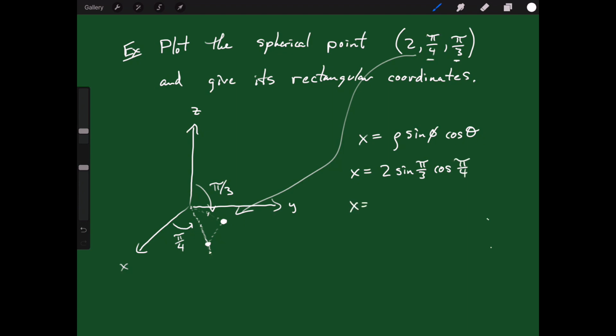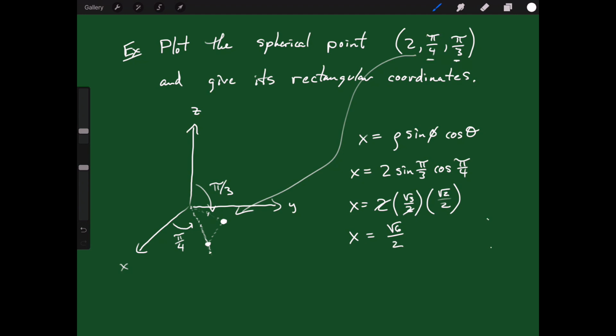So x is equal to 2 times root 3 over 2 times root 2 over 2. So some 2's cancel, and I get that x is equal to the square root of 6 over 2.